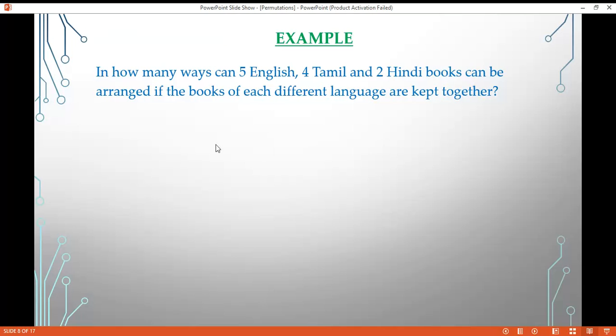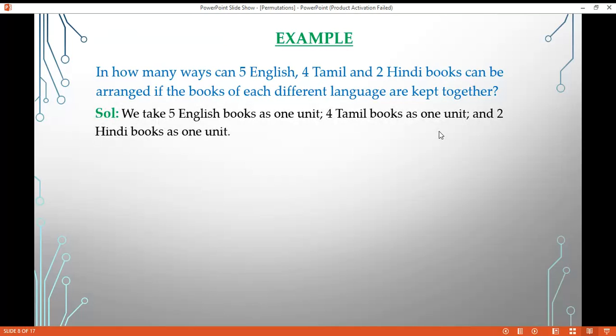Okay, so now the next example: in how many ways can 5 English, 4 Tamil, and 2 Hindi books be arranged if the books of each language are kept together? Here suppose we consider each group as a unit. Take the 5 English books as one unit, the 4 Tamil books as one unit, and the 2 Hindi books as one unit.